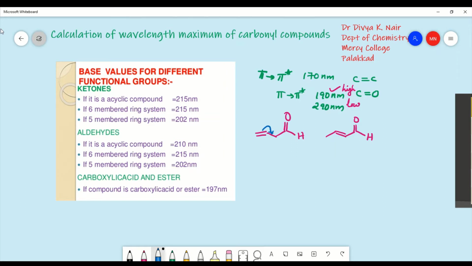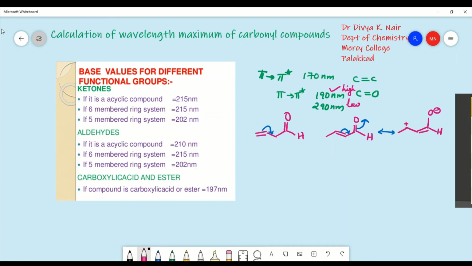The double bond will be shifted over here. There should be a complete delocalization which is absent over here. But if you are seeing this structure, this could be shifted to here and this could be shifted over here. So that means this is having a conjugation, like here positive charge, double bond, O minus.